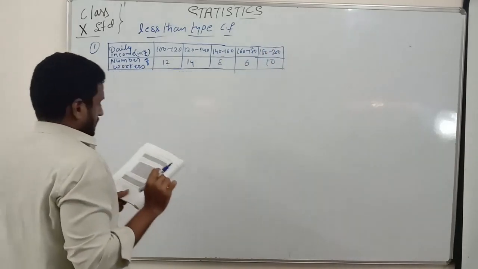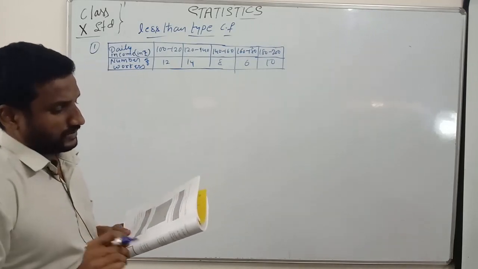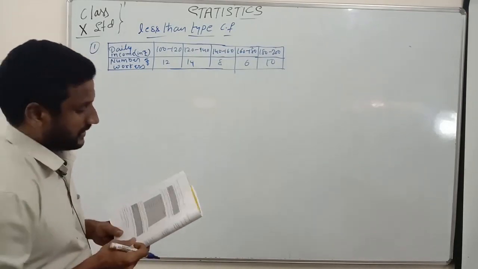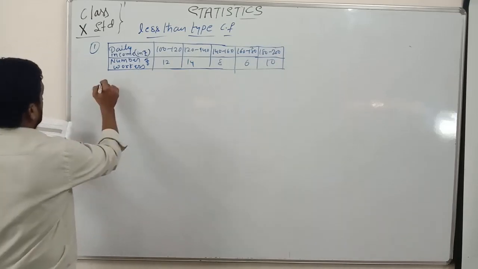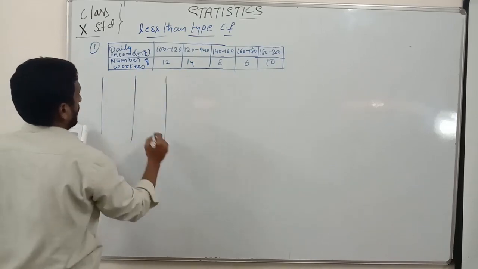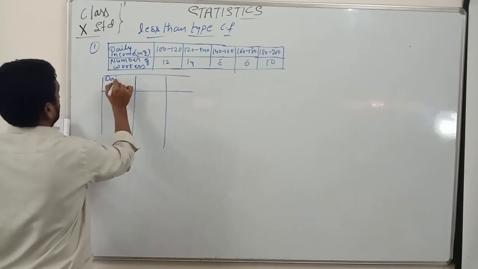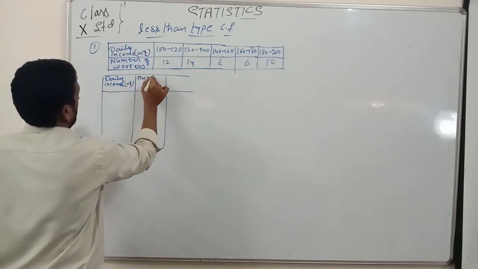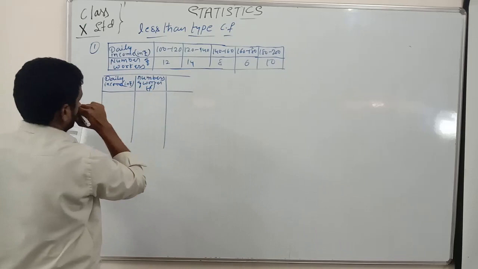So convert the distribution above to a less than type cumulative frequency distribution and draw its ogive. So let us see how to convert it. First column, daily income in rupees, then number of workers f.